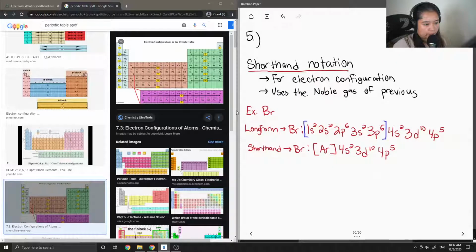So you'll notice that this whole part is just the same electron configuration as argon. So that's why we can just use the shorthand notation, and it makes everything so much faster.